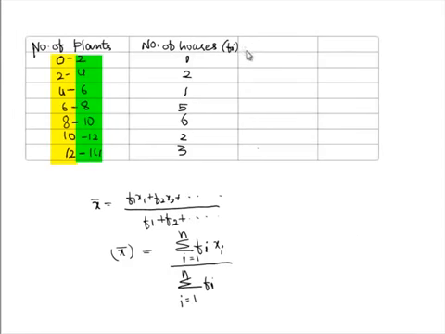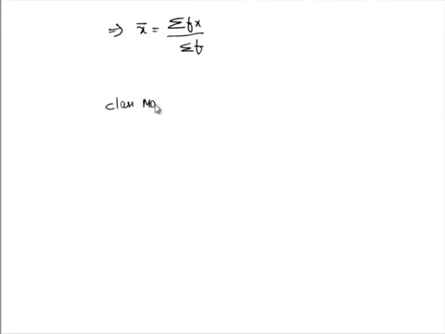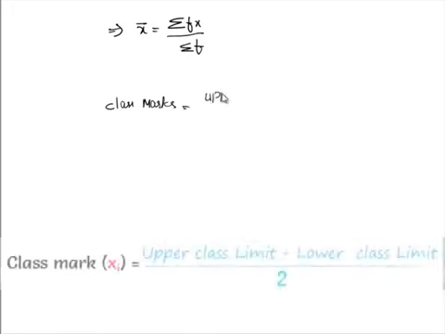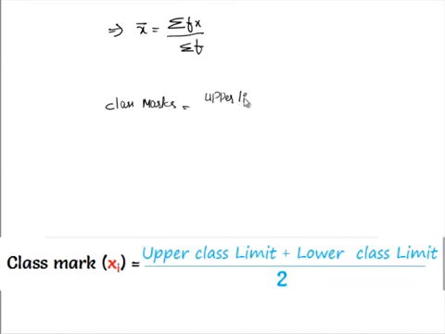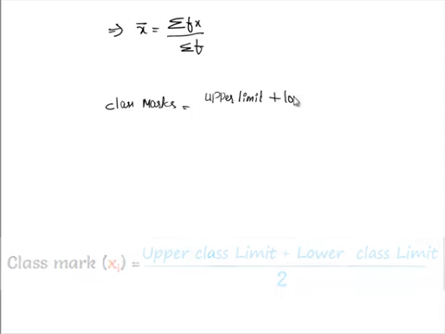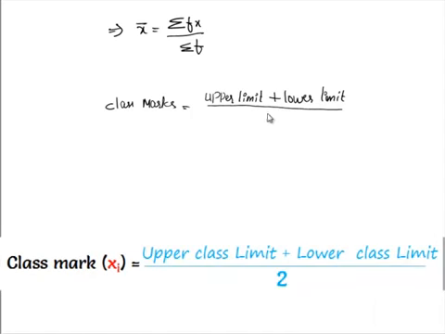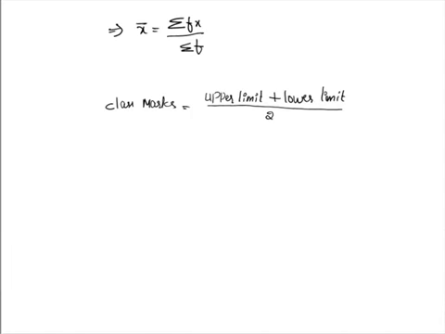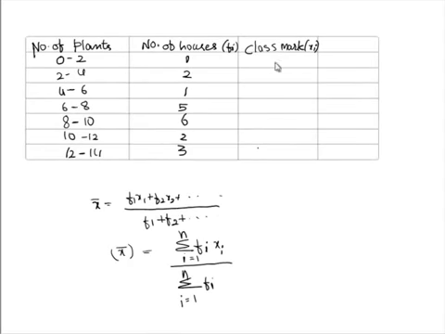Here we have to find xi, that is class mark. Class mark is defined as half of the sum of upper limit and lower limit, that is, upper limit plus lower limit by 2. Hence, through this formula, we write class marks.